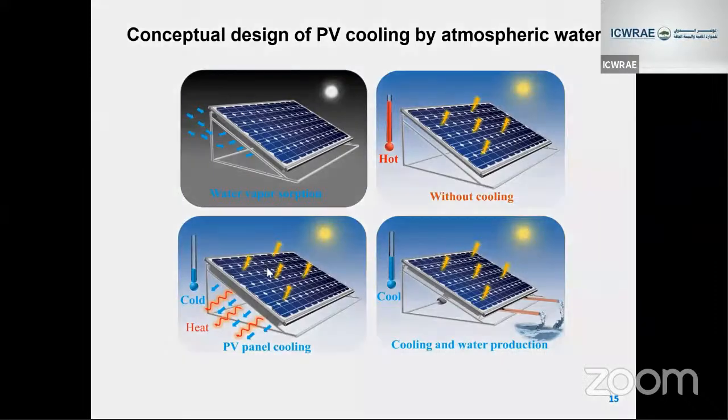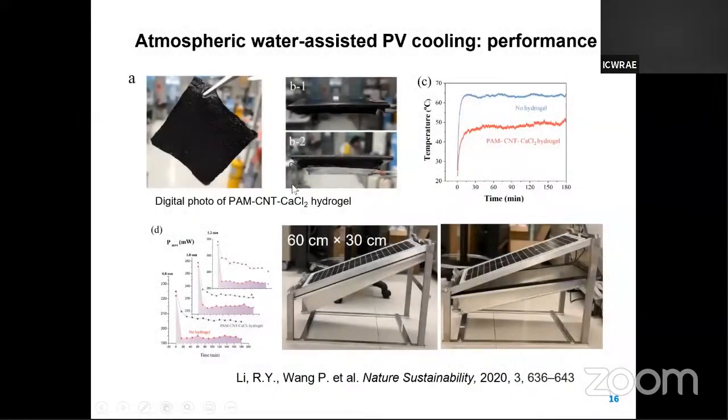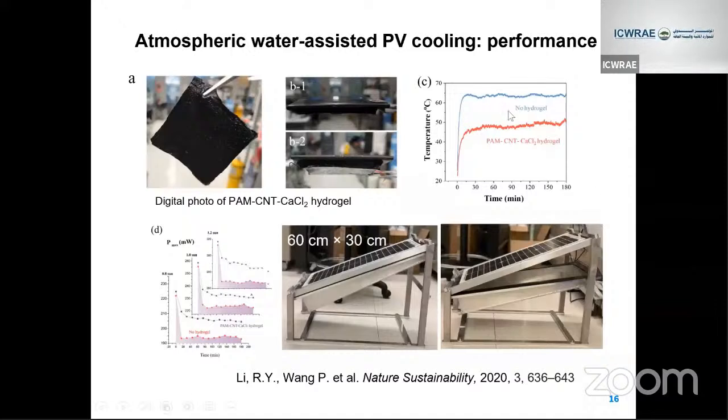Now, to prove this idea, we took one of our materials for atmospheric water vapor harvesting. In this case, it's a hydrogel polymer salt composite. So we stack this on the backside of a commercial PV cell, and then we put the whole thing outdoors for testing.